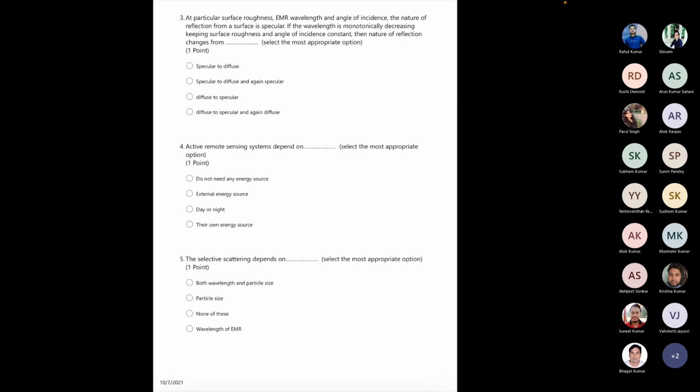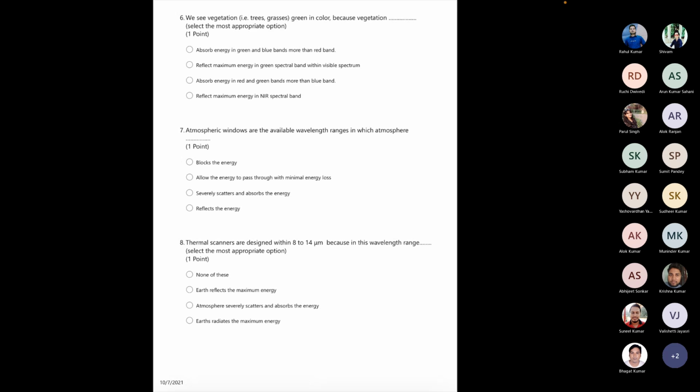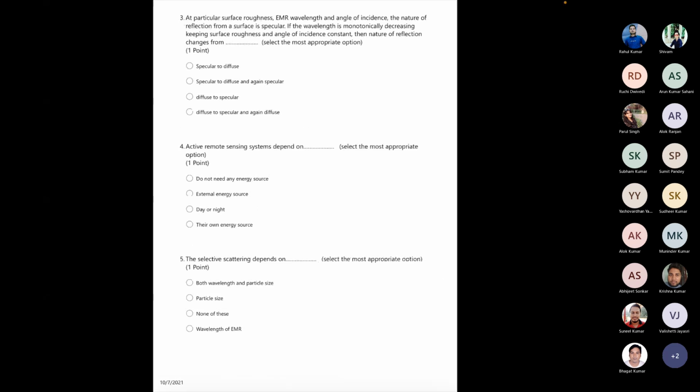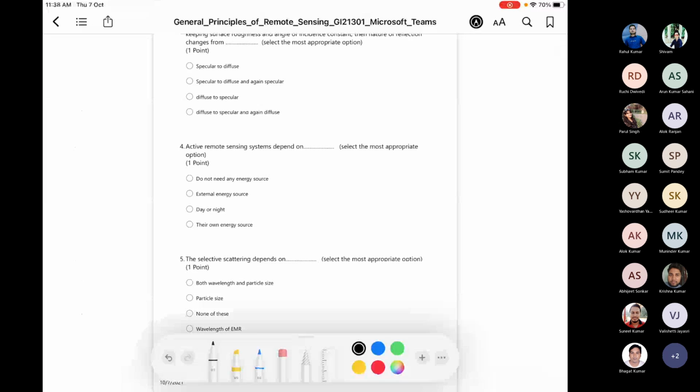We have already discussed the formula, which suggests the relationship between three parameters: h is the surface roughness, then lambda, and 8 cos theta.